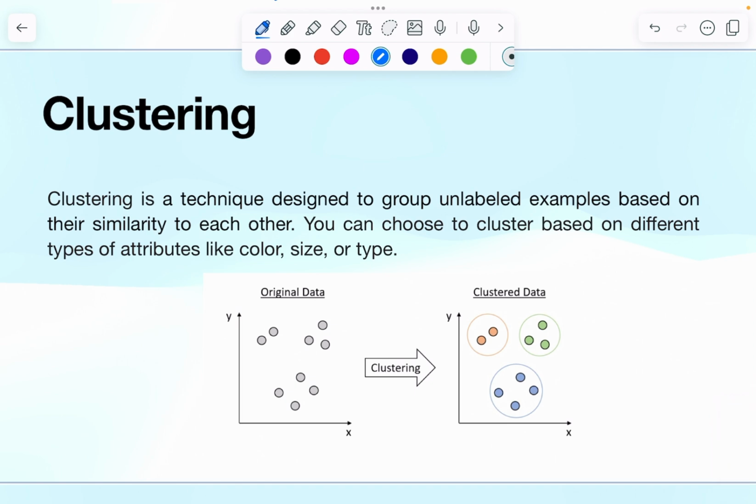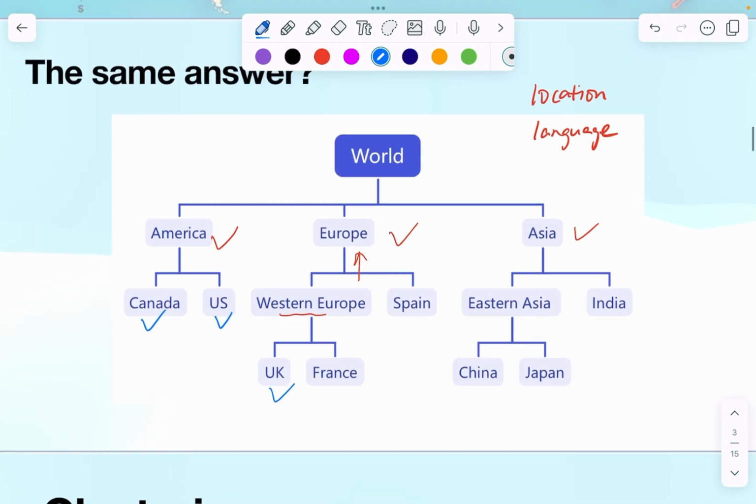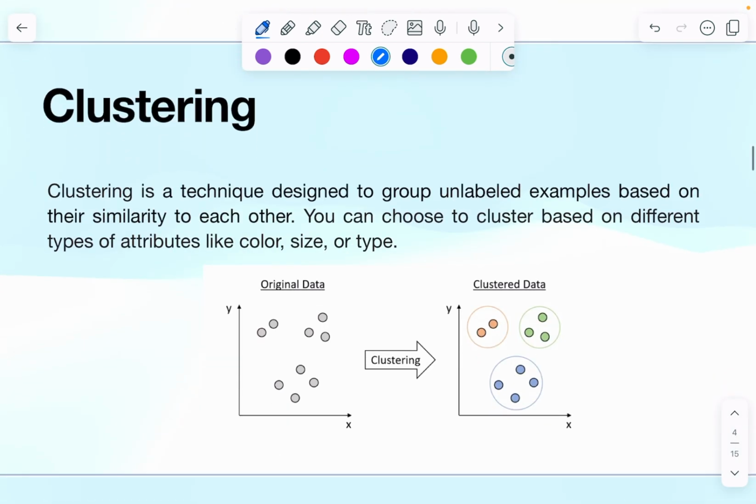So what is clustering? Clustering is a technique designed to group unlabeled examples based on their similarity to each other. You can choose to cluster based on different types of attributes like color, size, or type. Like my group before, my clustering is based on location, and you can base on language or other things.